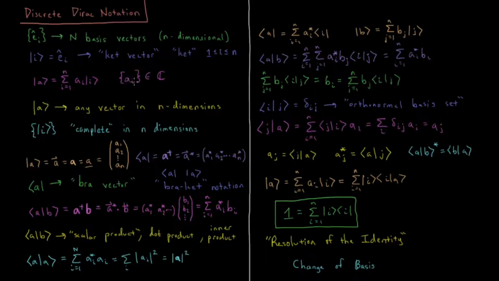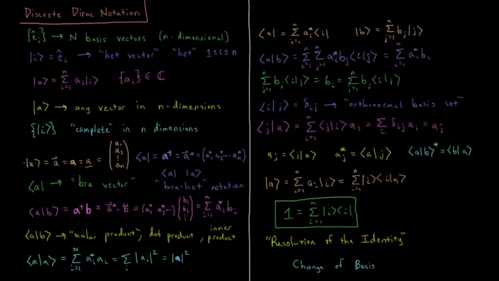All these coefficients in general are complex numbers, but will often end up just being real numbers. As I said, A can represent any vector in n dimensions with all of these basis vectors. And if that is true, then the set of all of these kets i is said to be complete in n dimensions.